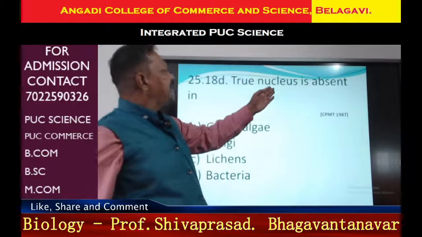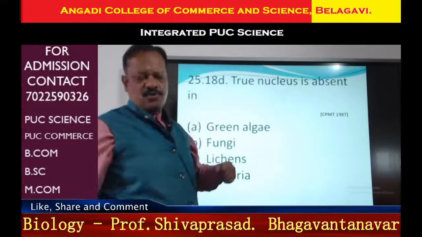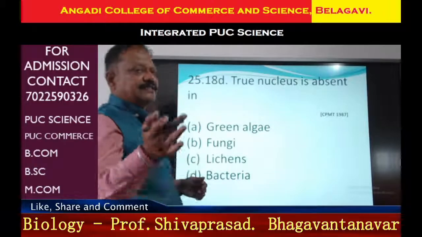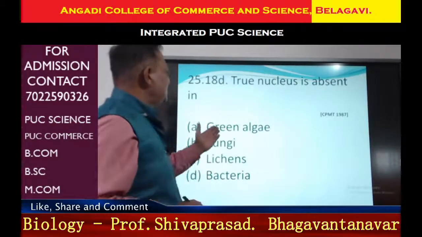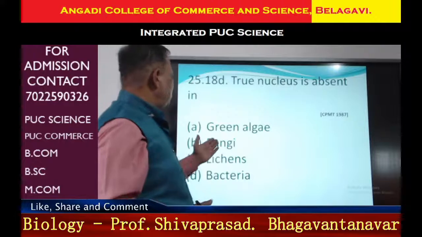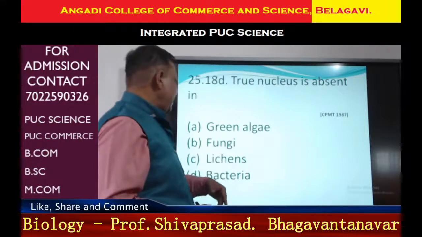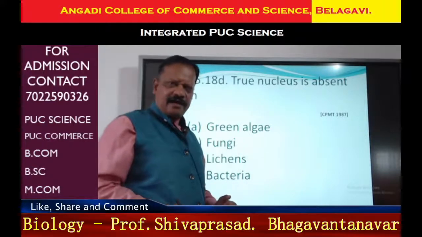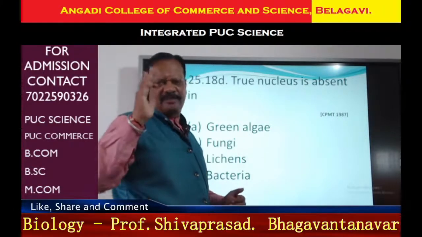The true nucleus is absent in. True nucleus is absent in prokaryotes, eukaryotes, you already know. Just see here, option A, green algae, B, fungi, C, lichens, D, bacteria. Bacteria is a prokaryotic type of cell.